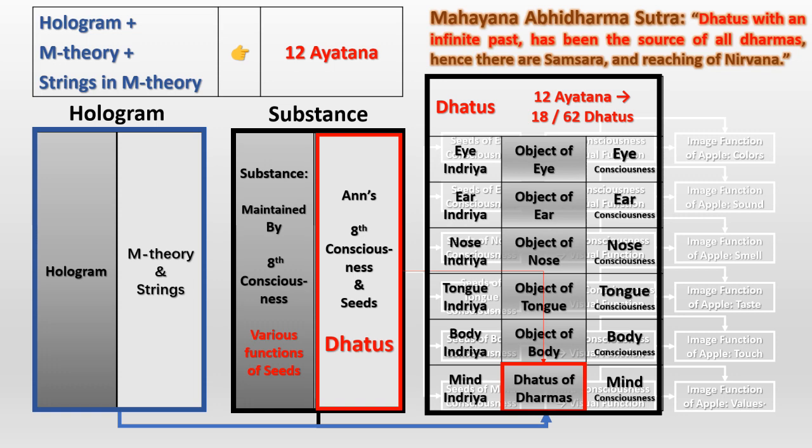By the same logic, the following equivalence can be said. Hologram, plus the 11th dimension in M-theory, plus strings in M-theory, are also the 12 ayatana. This means that the hologram is not an entirely passive realm, but has some hidden active elements. This is a crucial point which we shall see later in AdS/CFT correspondence.